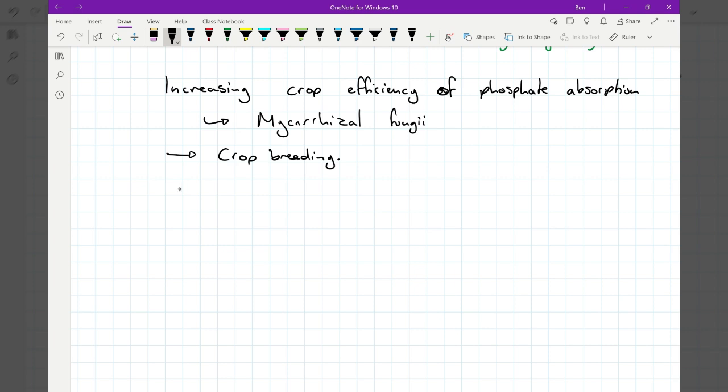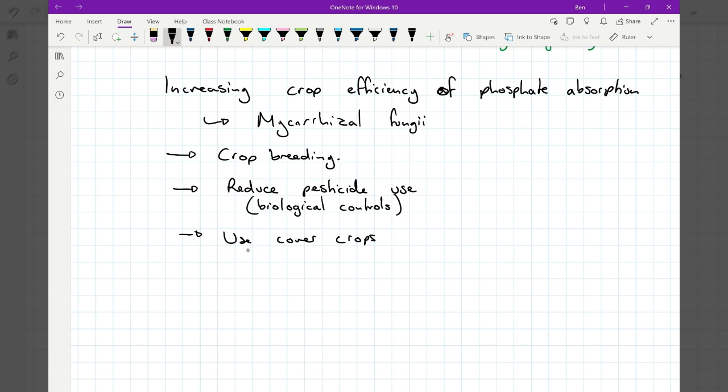We might look at things that reduce pesticides. So we might use biological control instead. We might use cover crops. So there's no bare soil.